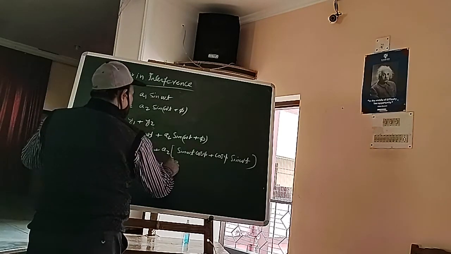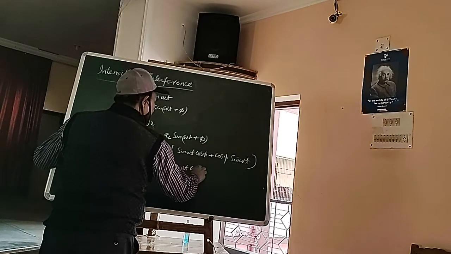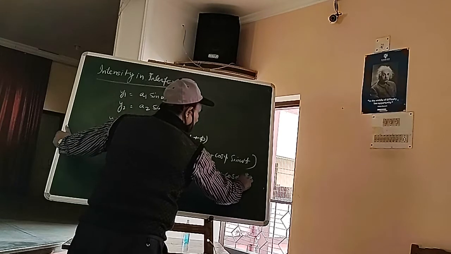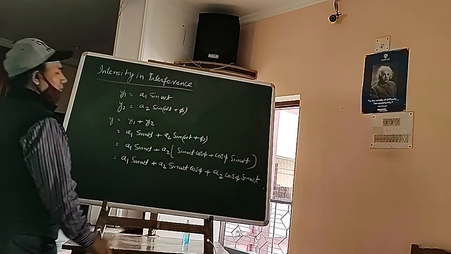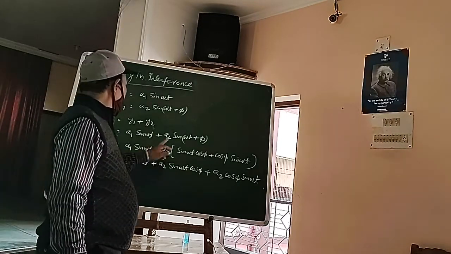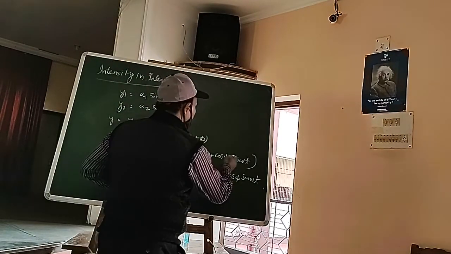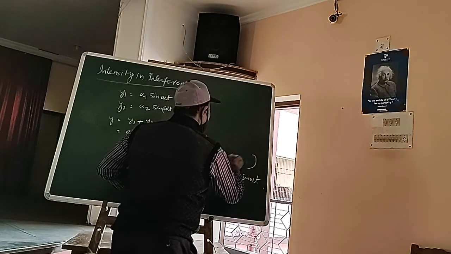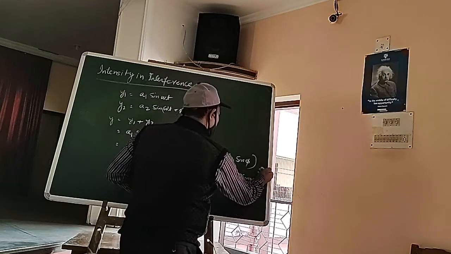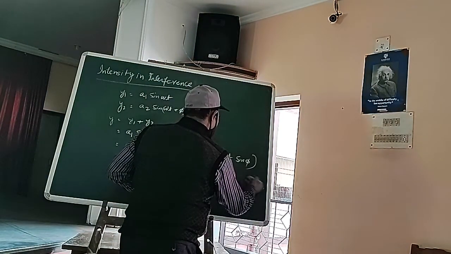So a2 sin omega t cos phi plus a2 cos omega t sin phi. Here cos omega t has to be kept in mind: it will be a2 sin phi cos omega t.